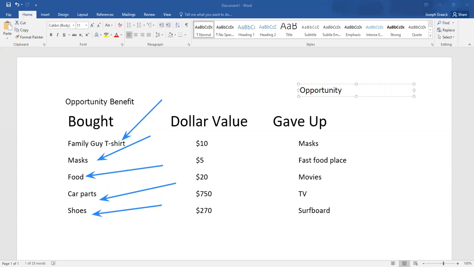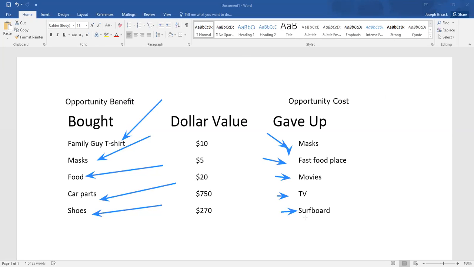And so when we took a look at the person that bought the Family Guy t-shirt, a pack of masks, food at the grocery store, car parts for their truck, or shoes, the things that they could have bought, right, are their opportunity cost. So these things that they could have bought instead would be their opportunity cost.